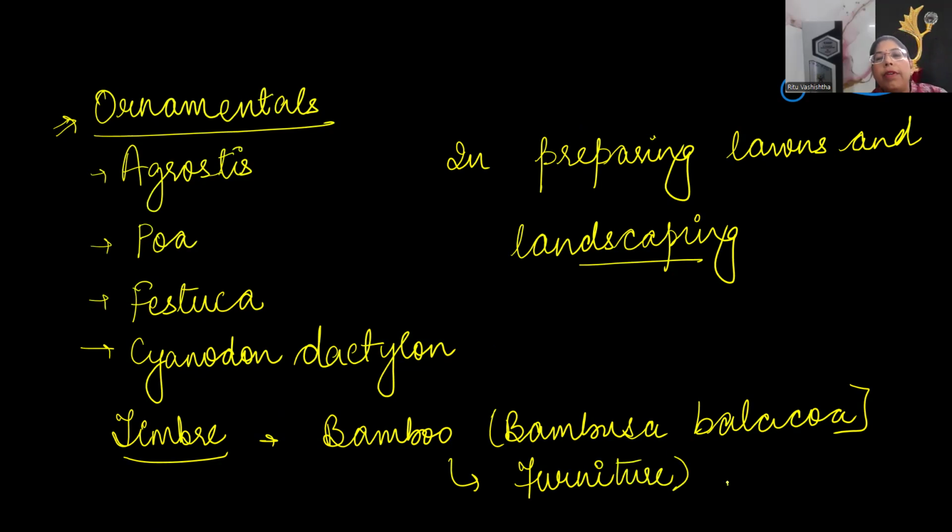So I believe you have understood the systematic position, general characteristics, vegetative characteristics, floral characteristics, including flower, inflorescence, various parts of flower, peculiarities, floral formula, floral diagram, economic importance, major plants belonging to this family.